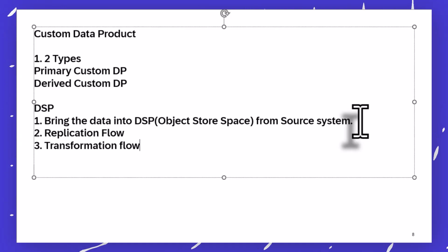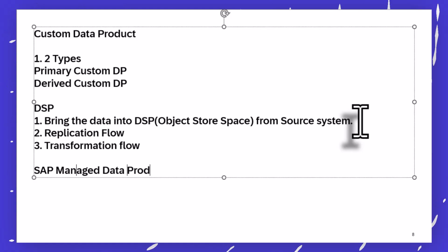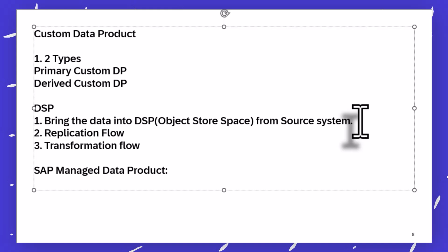Now the final one. Again, coming back to SAP managed data products. We have seen the concept of what a SAP managed data product and a custom data product are.